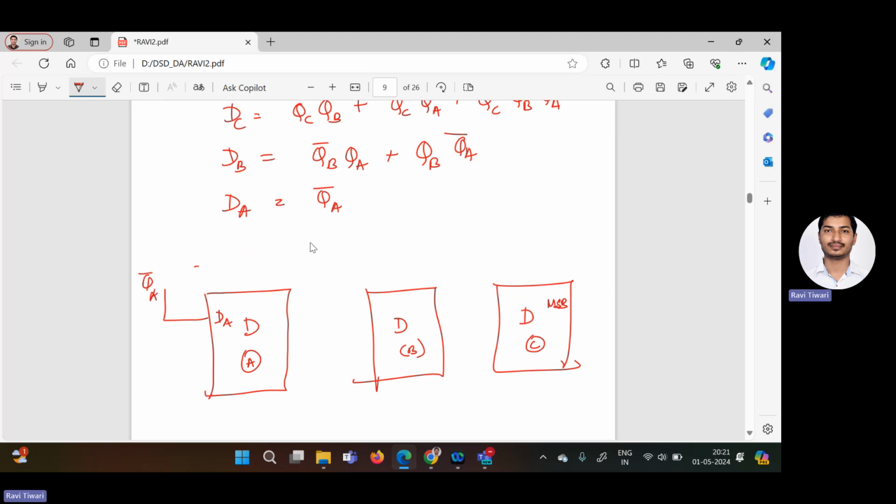In the DB we require two AND gates like this, because here we have QB bar and QA. Similarly here we have QB and QA bar. Both you have to give to the OR gate and that value will be working as DB. Similarly for DC we require three AND gates like this, right?